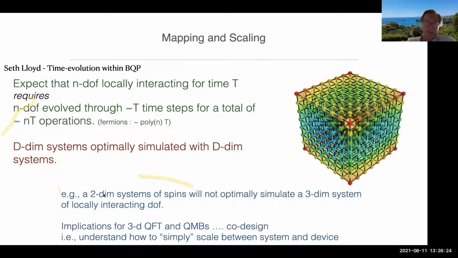For us, simulating the electroweak sector or quantum chromodynamics in 3 dimensions, we're going to be looking to accomplish that with a three-dimensional layout on a quantum device. This necessarily points to the need for close collaboration between the development of simulation hardware, algorithms, and the domain scientists. But we already knew this was going to be necessary.